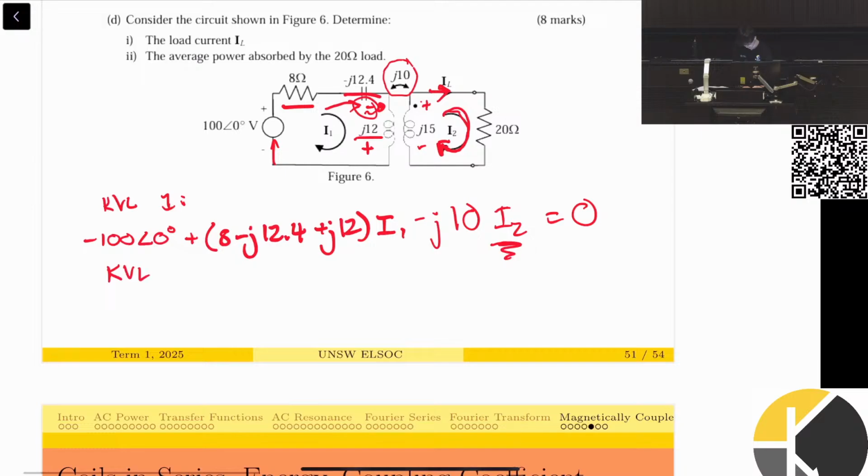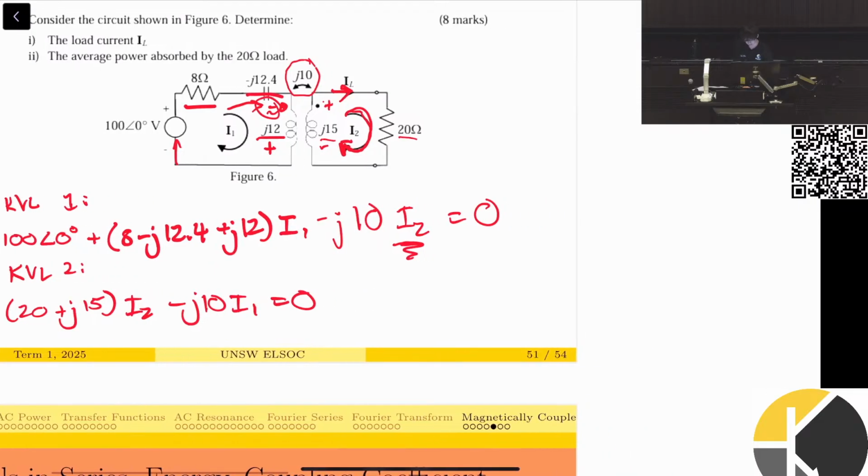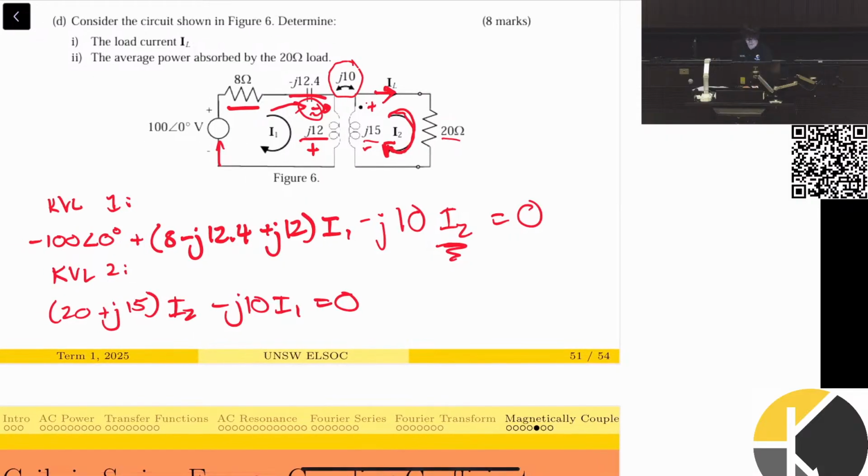Then we have KVL2. In the second mesh, I have an impedance j15 and 20, so this will be all multiplied by I2. And then I have to consider the mutual inductance again, which will be minus j10 I1 equals 0. If I want to solve for the load current, or in other words IL, I might want to sub out I1 in our first equation.